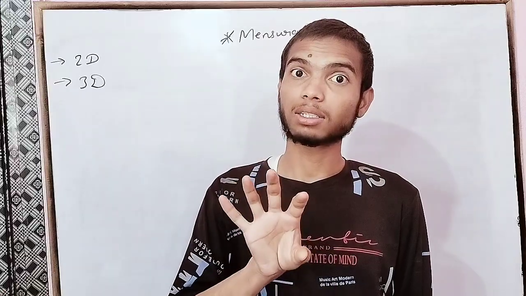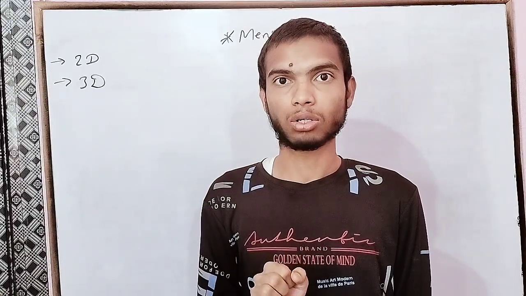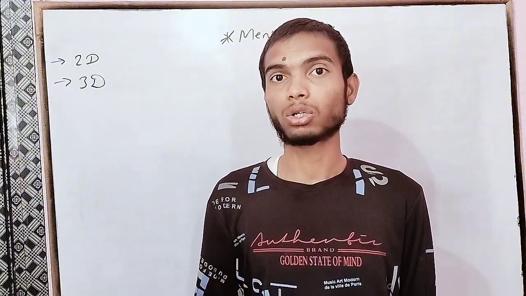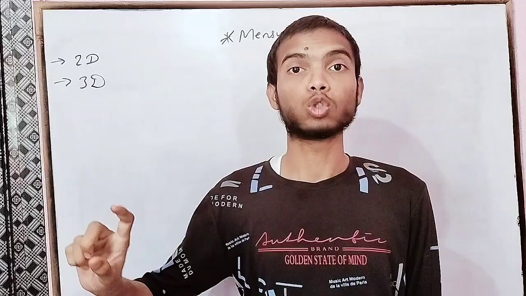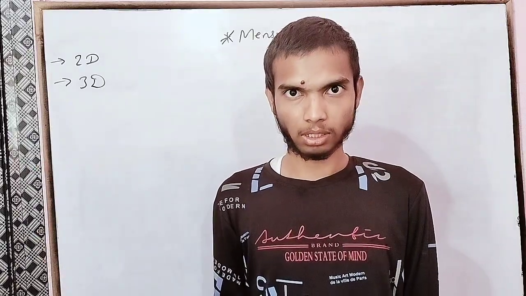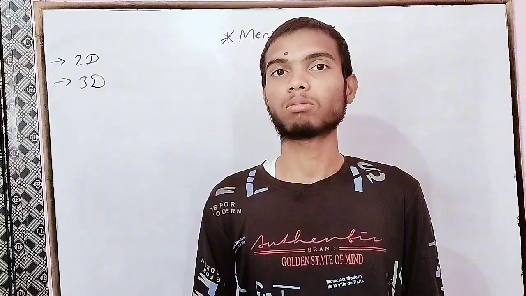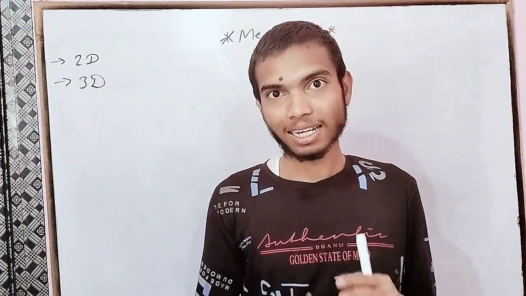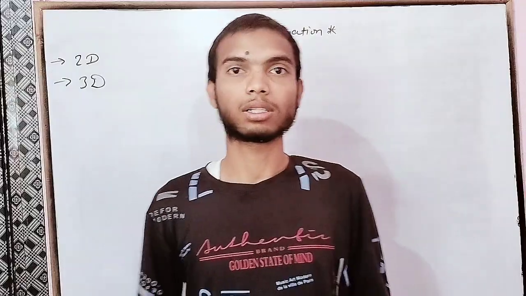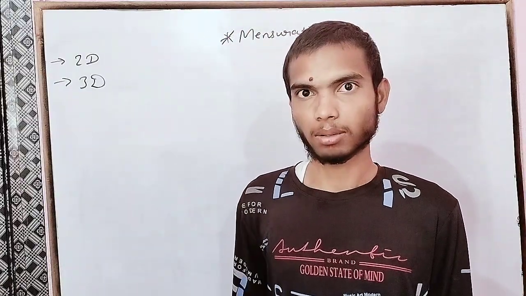Because 2D doesn't have a z-axis to have a space, whereas you can see a 3D shape has a volume or a space. This can keep some object.